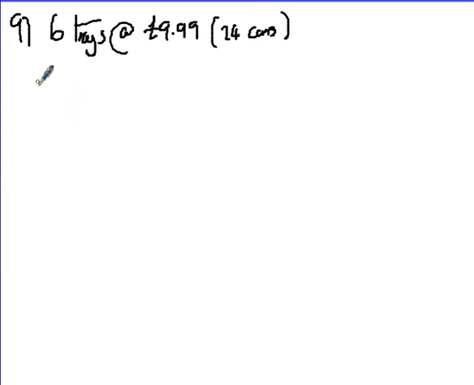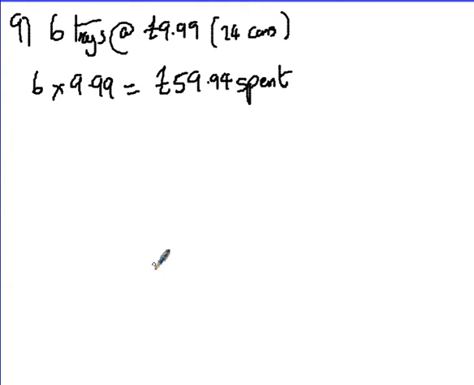So first of all, his overall cost. Well, that's 6 times £9.99. So that means that he spent that much. He then makes, so we'll put receives. So what does he receive? Well, he receives 75 cans at 80p.